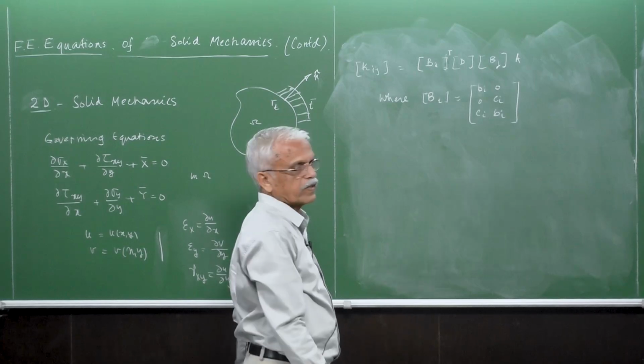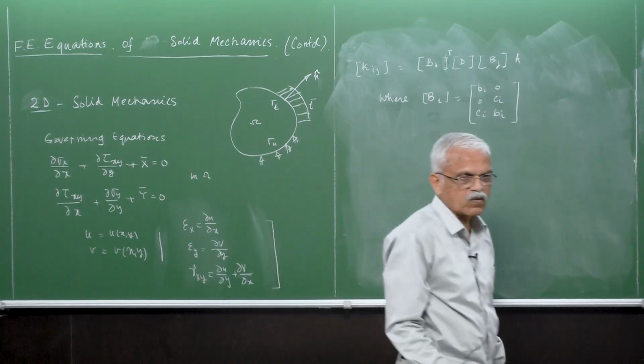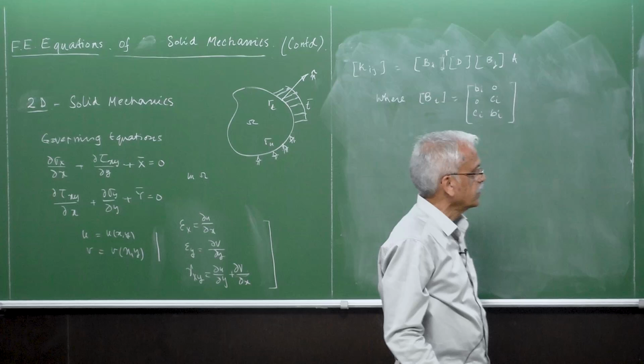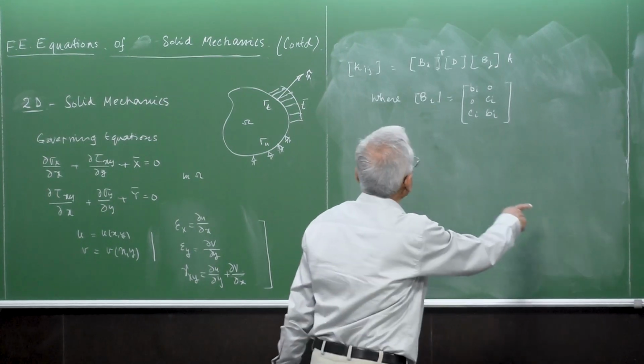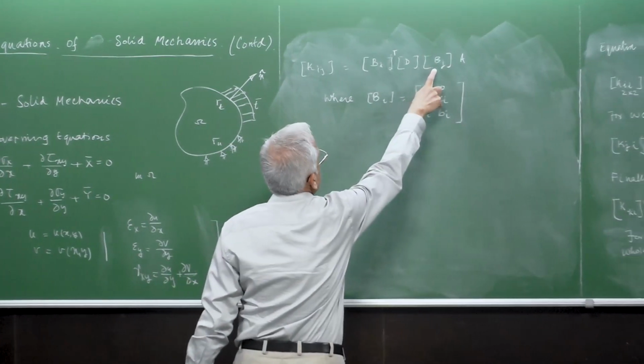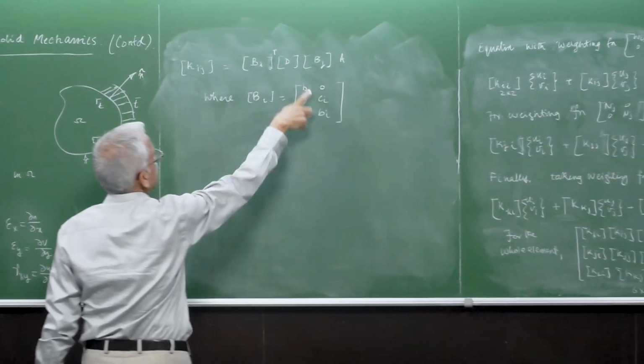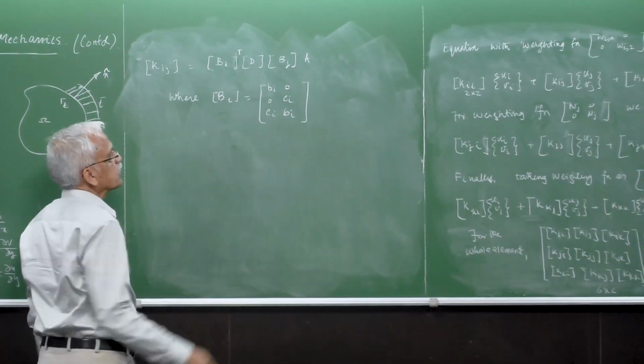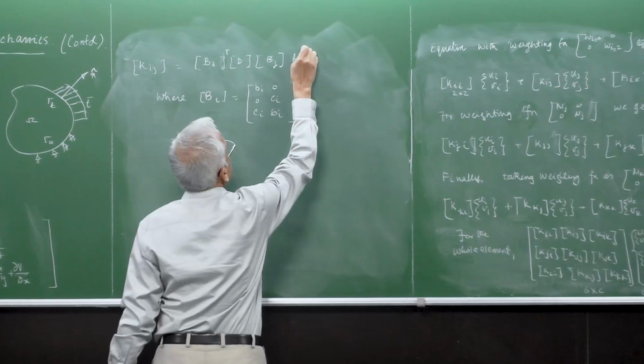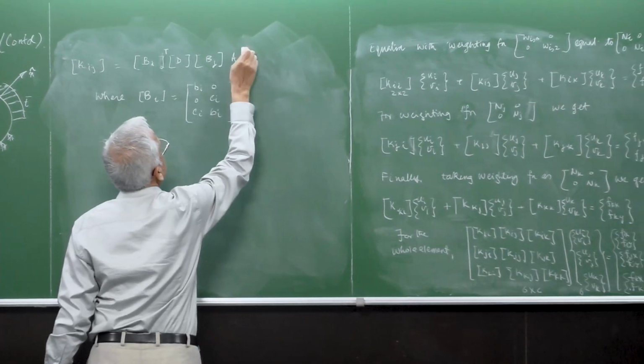Okay, right? So again, in the concise form, if you go back and see the equations for B, this is what it is here in terms of J, and this is here in terms of transpose, and then this A is the area of the triangle.